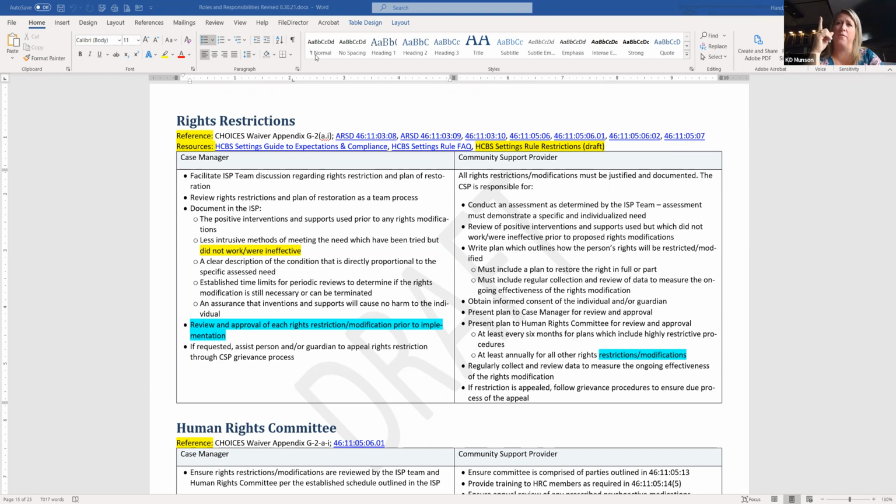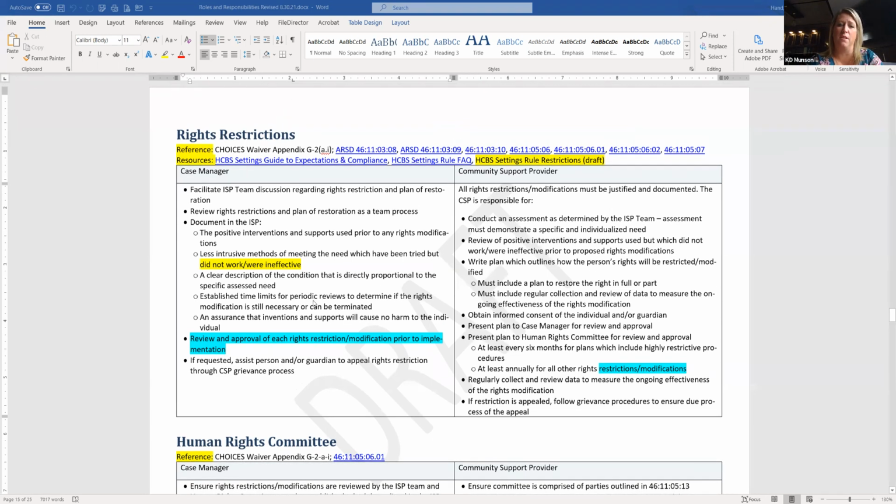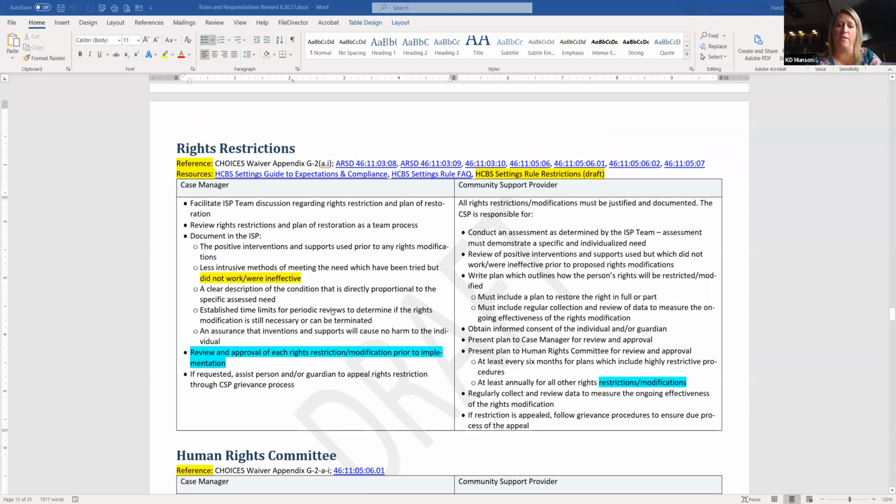And I also have the question, can we have some of these sub bullet points that you have here under document in the ISP? I don't want those each in their own section, but can an ISP agenda have that included, with those bullet points outlined in that section?